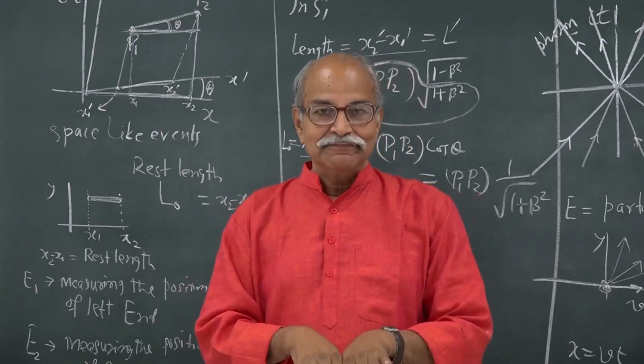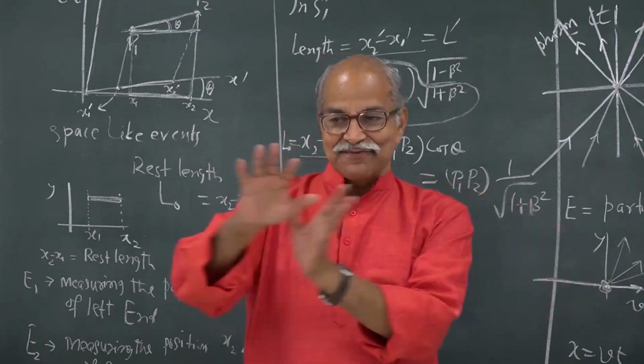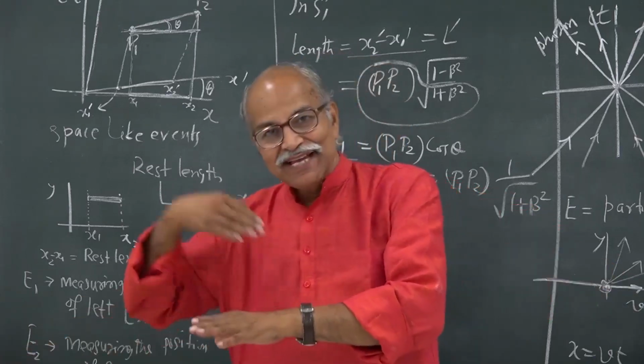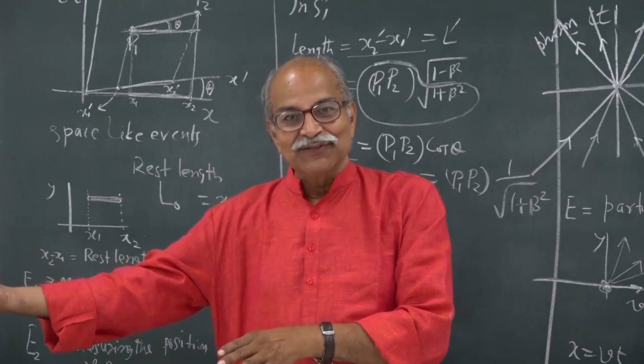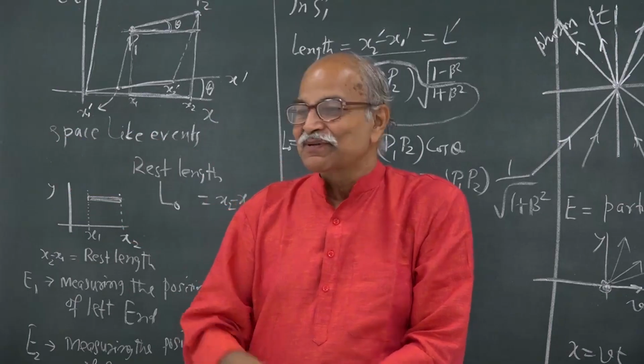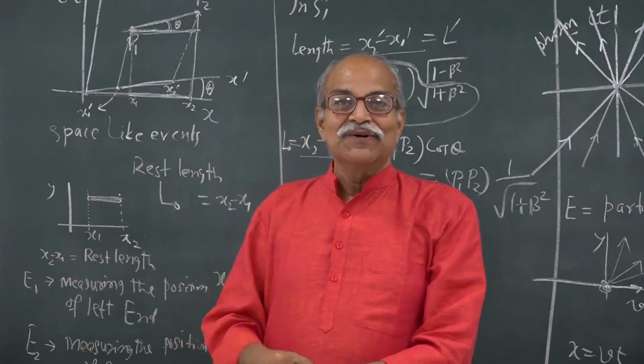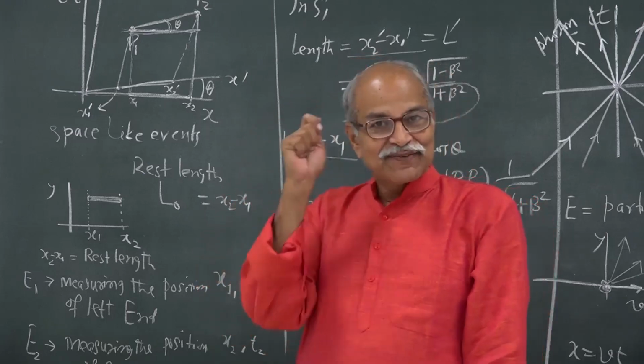Once you fix a frame, this quantity gives you electric field and magnetic field, but when you change the frame, it is not that electric field transforms to electric field and magnetic field transforms to magnetic field; it all gets mixed up. So, you do not have separate physical quantities.